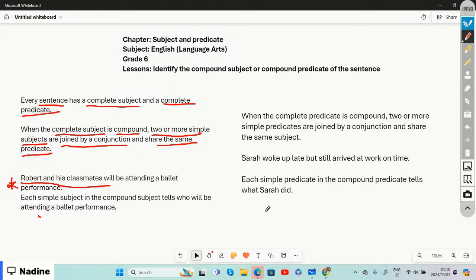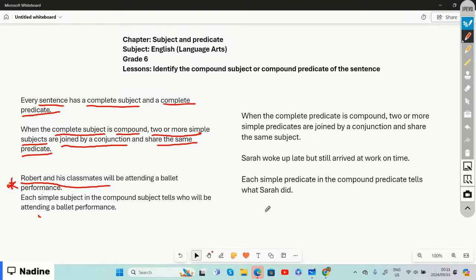So when the complete predicate is compound, and then it means it is two or more simple predicates that is joined by a conjunction and they share the same subject.